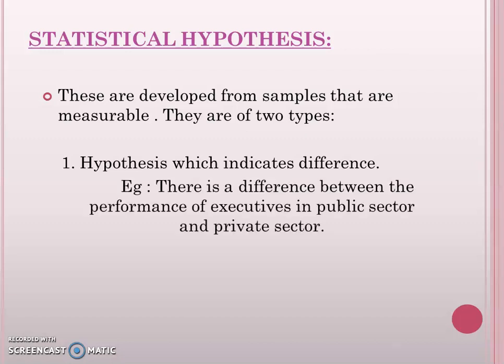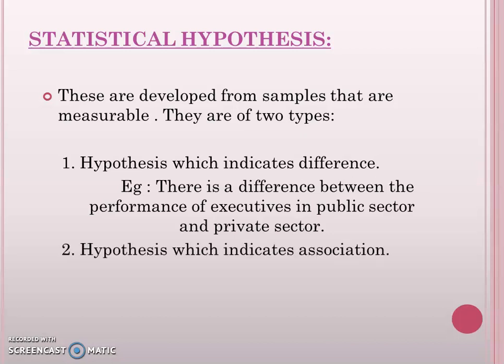For example, there is a difference between the performance of executives in the public sector and the private sector. This is something we can observe. We can take the performance of the managers or executives with certain parameters, compare, and prove whether there is any difference in performance.